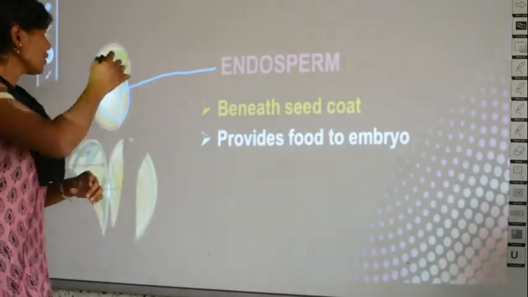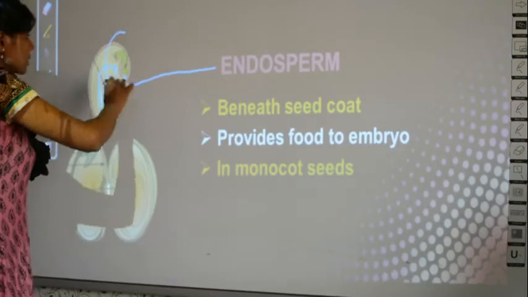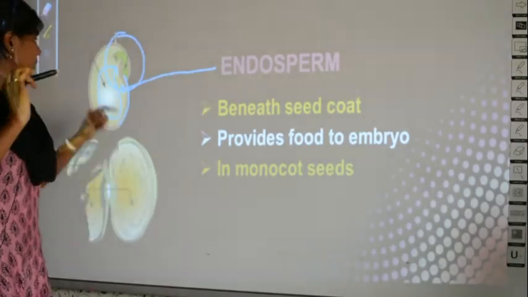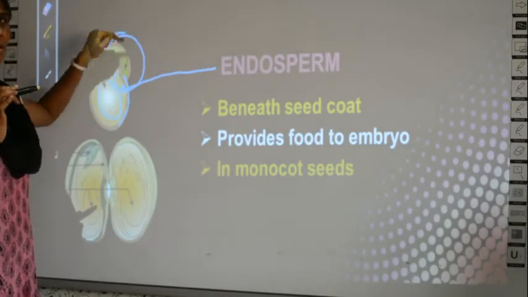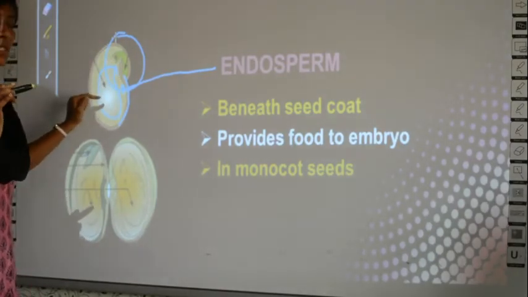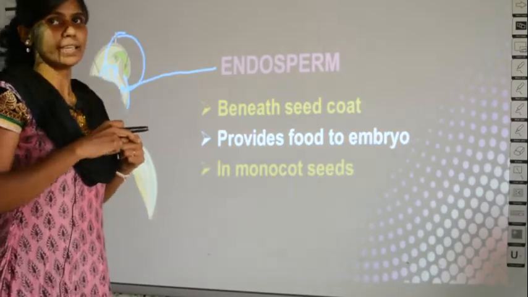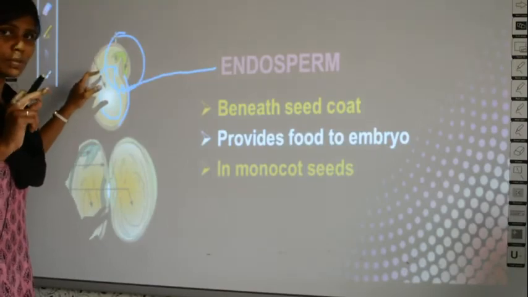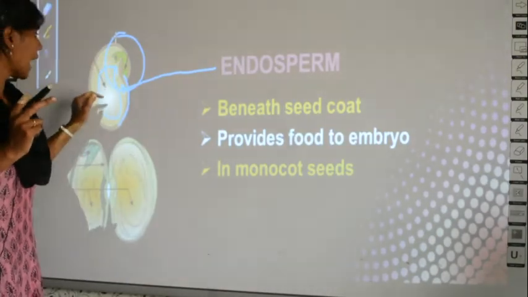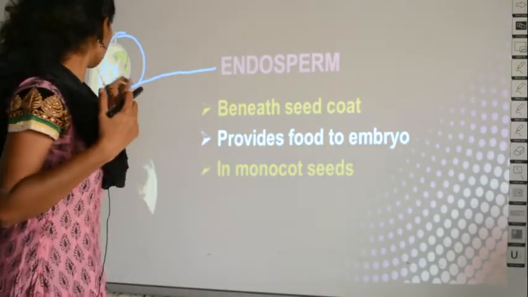But the embryo is nourished by the endosperm. The endosperm region will provide nutrients to the embryo region, and the cotyledons will provide nutrients to the small plant, that is the seedling. Clear? So always keep in mind, the endosperm nourishes the embryo and the cotyledons nourish the seedling or the small plant.